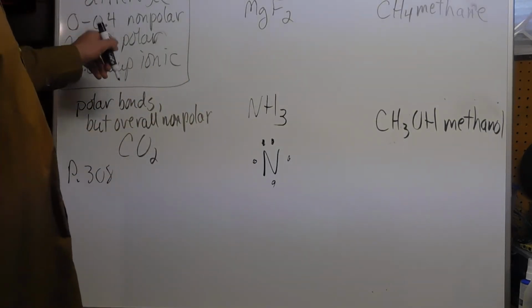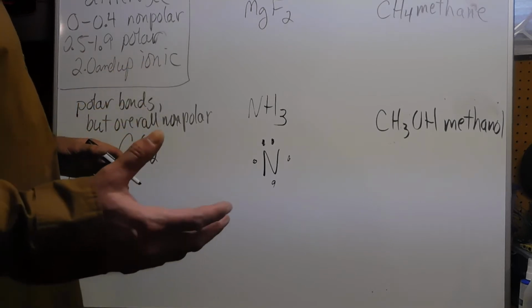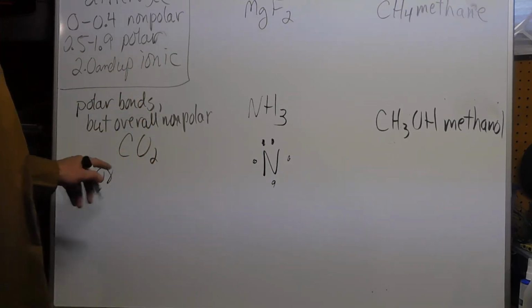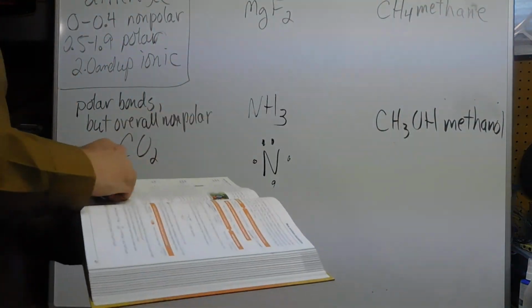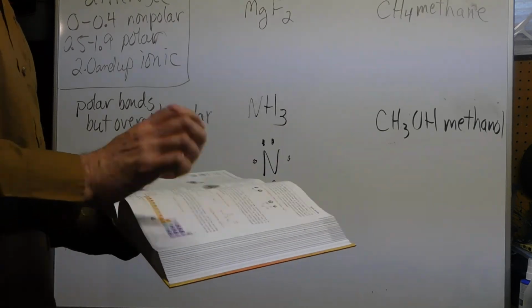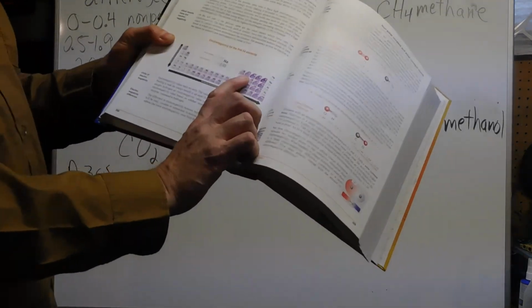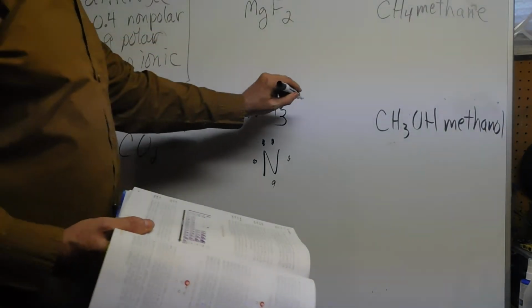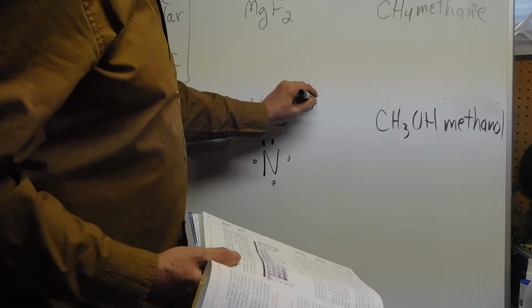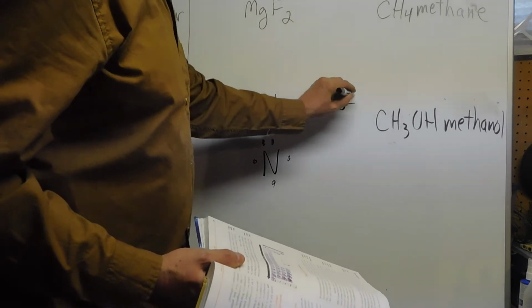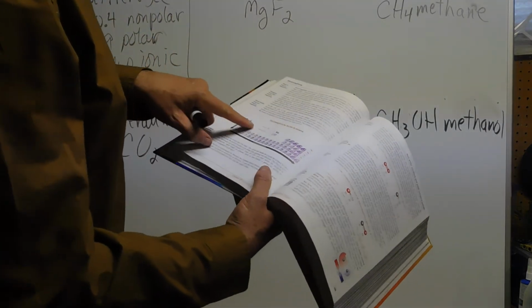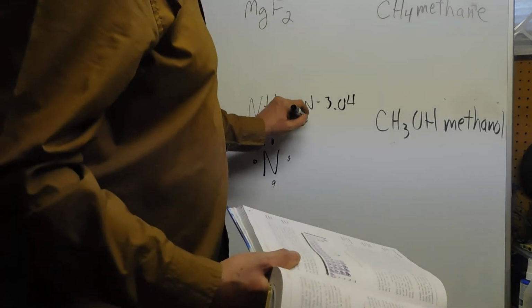If you look at your Pauling chart on page 308, you should see that nitrogen is one of the more electronegative elements. So let's go take a look here. And we can see here that nitrogen has an electronegativity rating of 3.04. Hydrogen, however, is about 2.20.